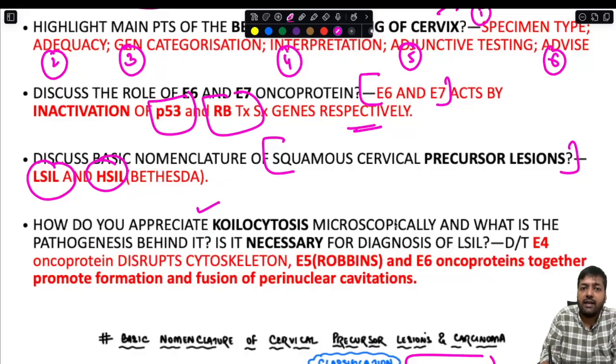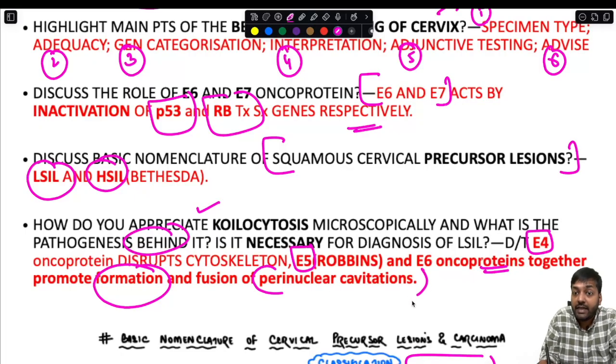The next question that is there, how do you appreciate coilocytosis microscopically? Already answered. And what is the pathogenesis behind it? Why does it occur? It occurs due to the E4 oncoprotein, which is disrupting the cytoskeleton, and the E5 and E6 oncoproteins, which act together to promote formation and fusion of perinuclear cavitations.